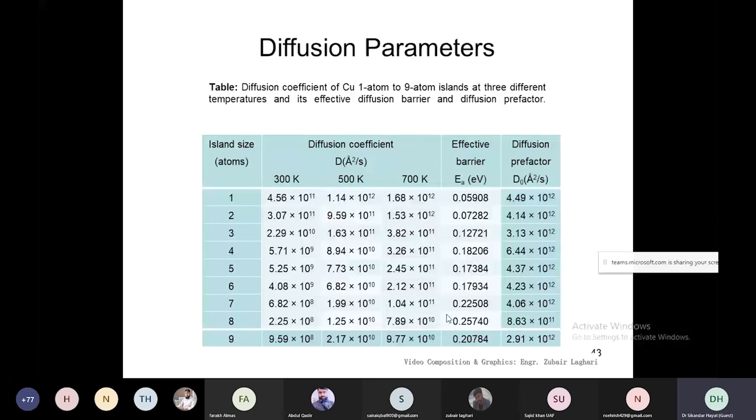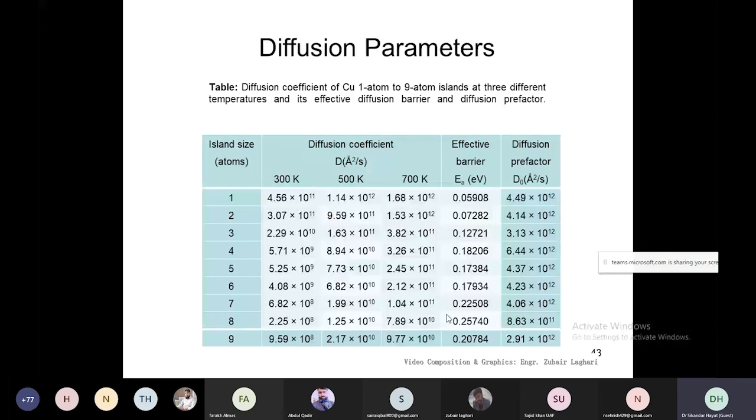Diffusion parameters for 1 to 9 atoms of copper on silver. These are the diffusion coefficients at 300, 500, and 700 Kelvin, and we have calculated the energy barriers.